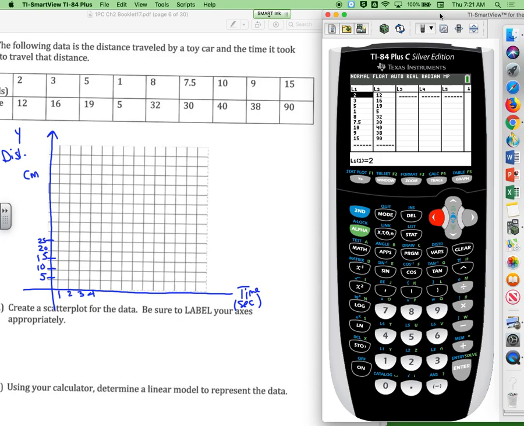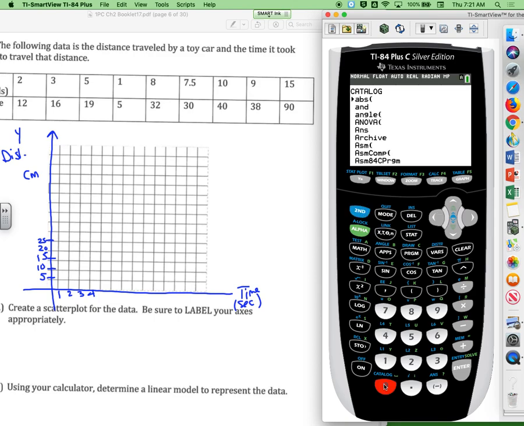So with your calculator, we're going to come up with the equation of the line. But one thing you want to do before we do that is we can go in and set it up so that the calculator will give us that r and that r squared value. So we're going to go into the second and the 0 button, which is the catalog.